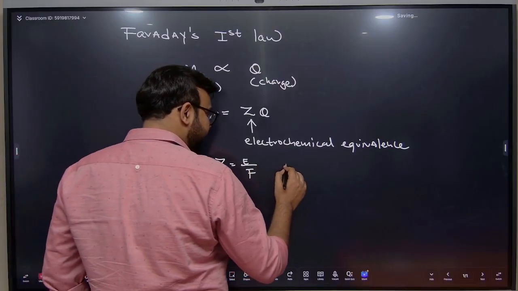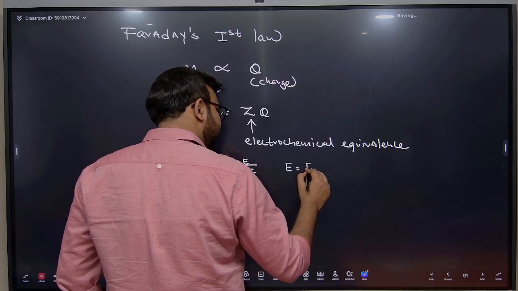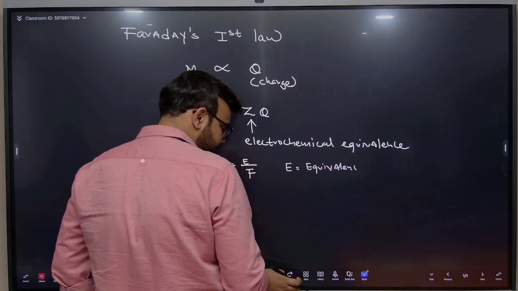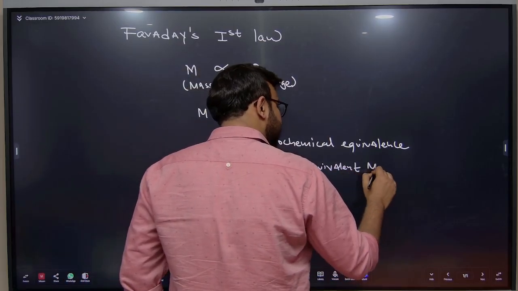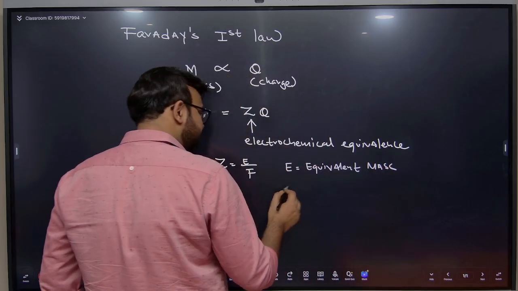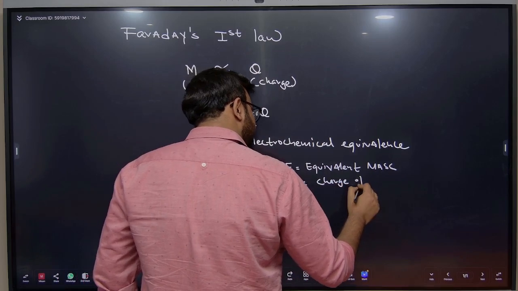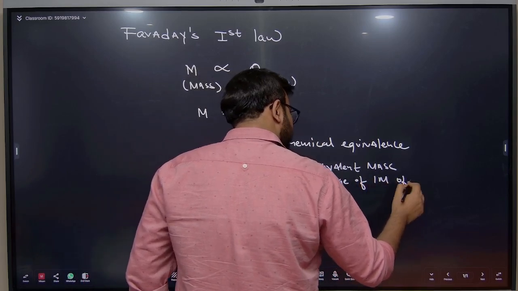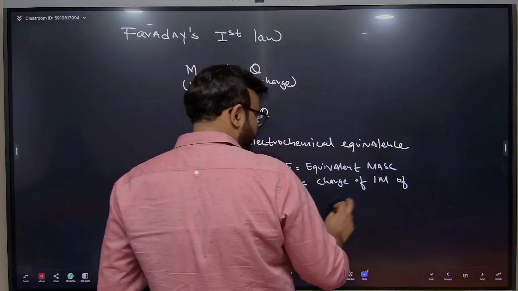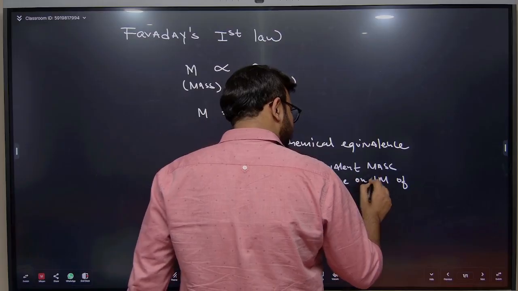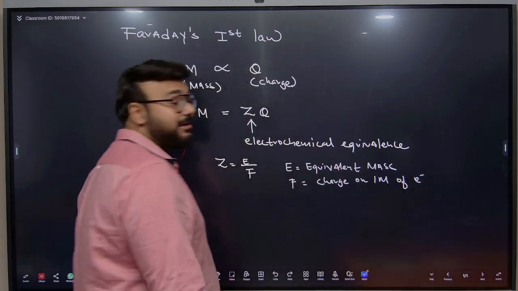E is basically equivalent mass. And F is the charge on 1 mole of electrons.